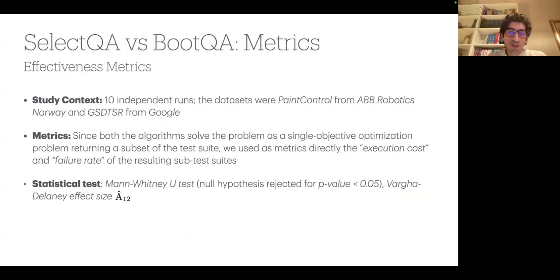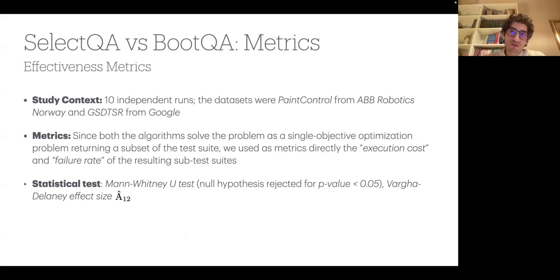Regarding the comparison between the single-objective version of SELECTQA and BootQA, here too we ran both algorithms 10 independent times, and we used the datasets from the original BootQA paper, that are Paint Control from ABB Robotics Norway and GSD-TSR from Google.